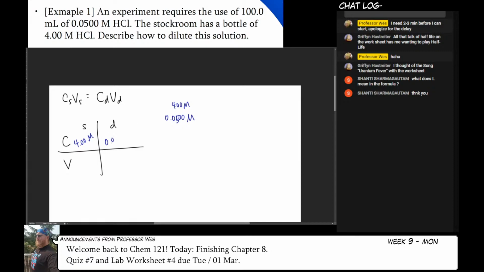The dilute one is going to be the other number. And then I just have to place where the volume goes. So I need 100 milliliters of this one. Therefore, I would place it there, and then I'm going to solve for V sub S here.